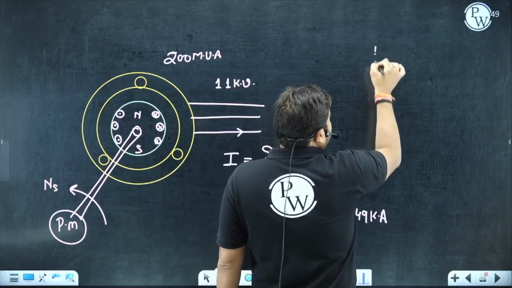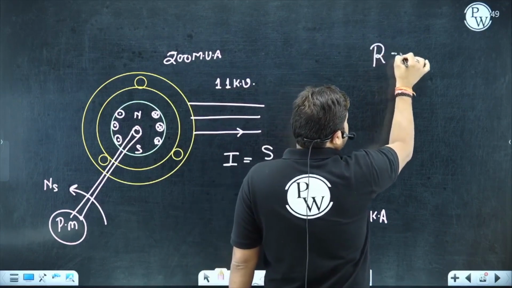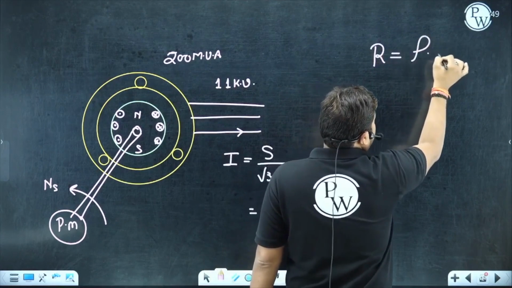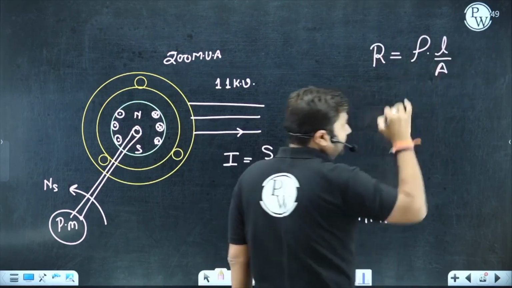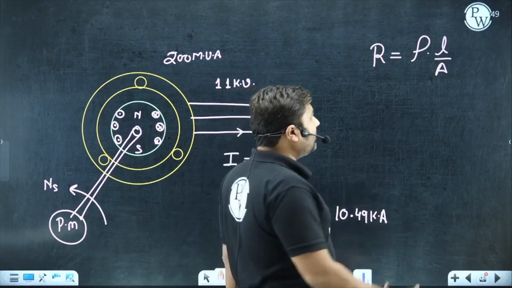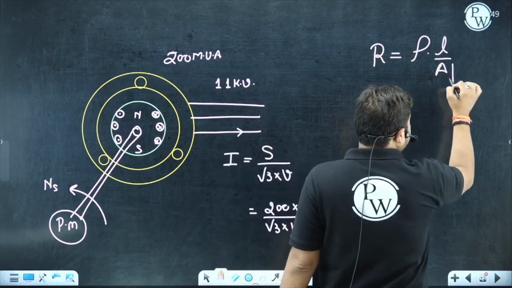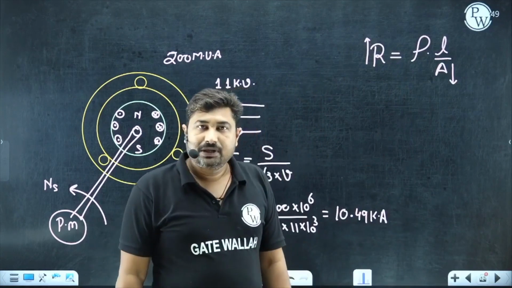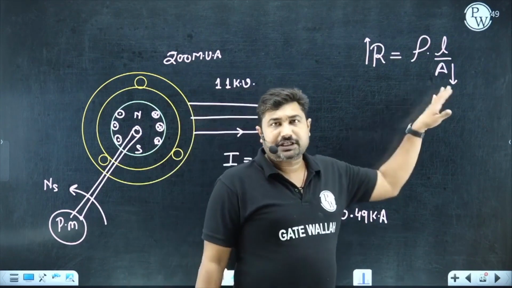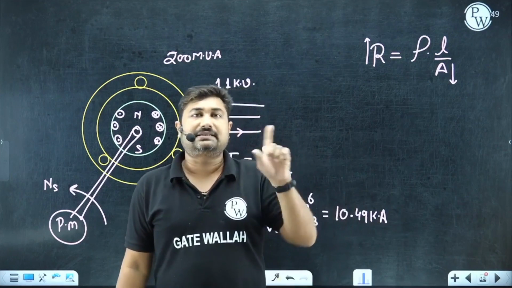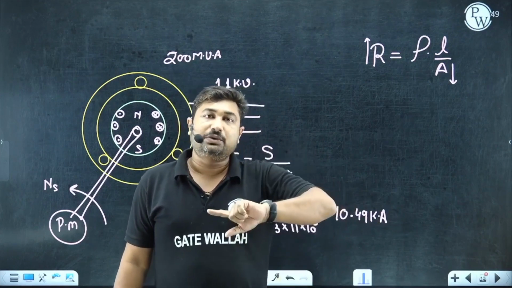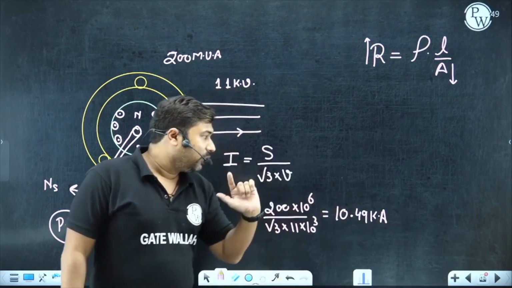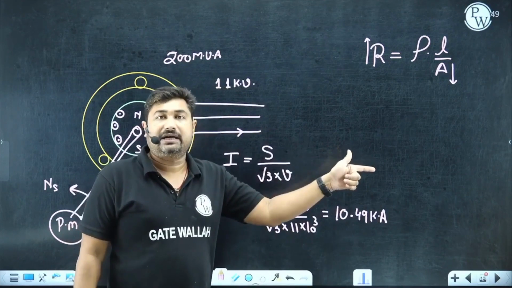If we talk about the resistance of a wire, the resistance of a wire is rho L by A. We can easily observe that if the area of cross section is lower, resistance is high. So if the area of cross section of the wire is lower, then resistance is high. And if I flow a high current through that wire, what happens, sir?